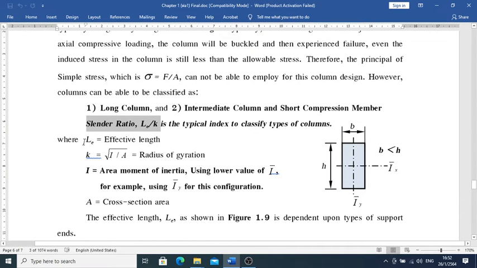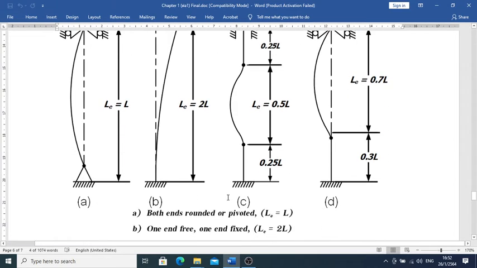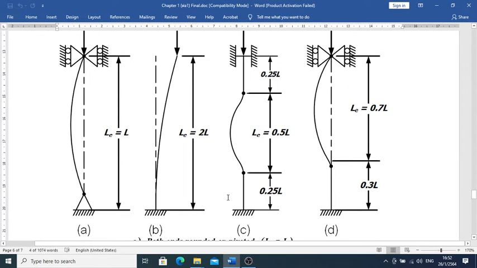So let's see L sub E first. L sub E we call the effective length. The effective length depends on the configuration, okay? The configuration for the types of column is going to be in figure A, B, C, or D, respectively. In figure A, we have a column like that.